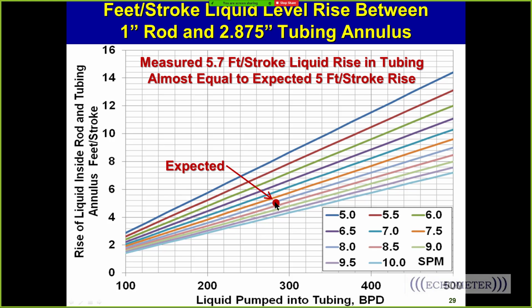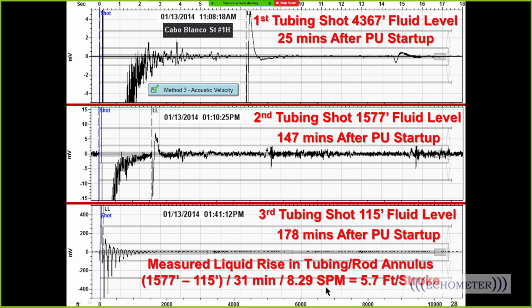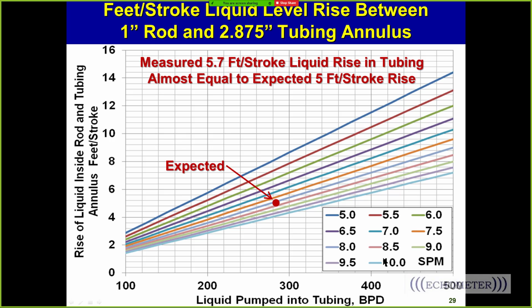And we look right here, we can see that for a pumping speed of about 8.3, here is 8 and 8.5, he's pumping a pump displacement of around 200, and so the pump's pumping what it should be pumping. So this all makes good sense.